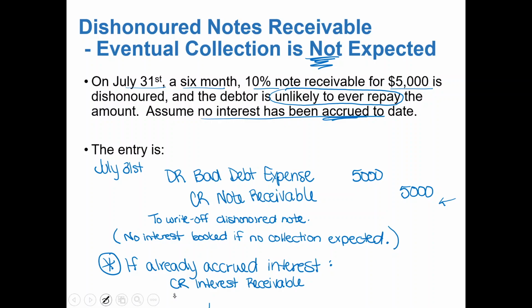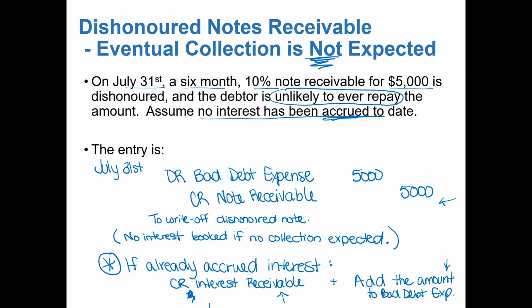And then you will add the amount to bad debt. So you still don't accrue any additional amount or record any additional income, but anything that had already been accrued, we need to get rid of that receivable because we're not going to collect it, and we just increase our bad debt expense by that amount.